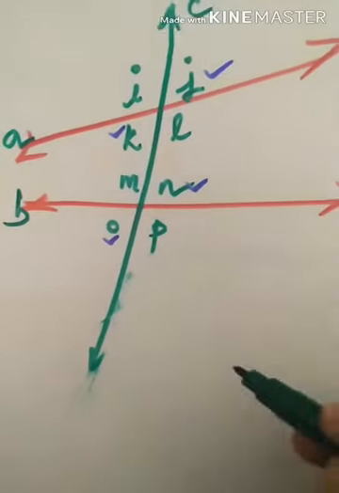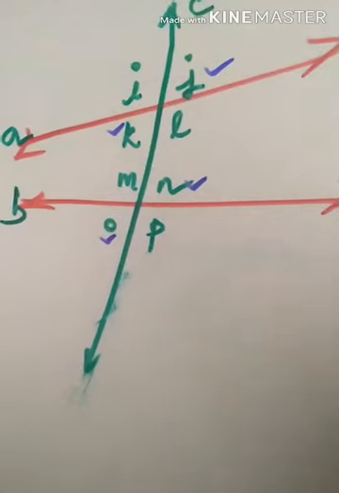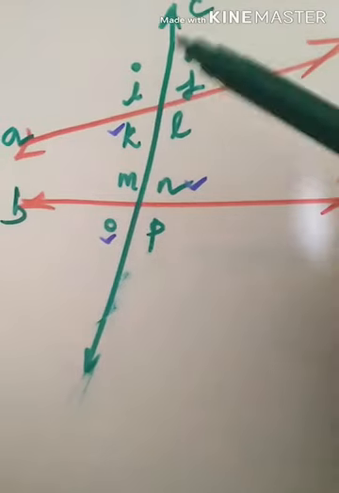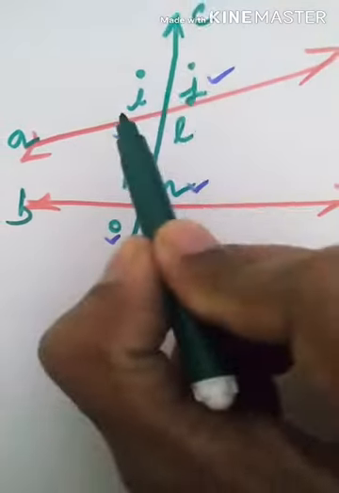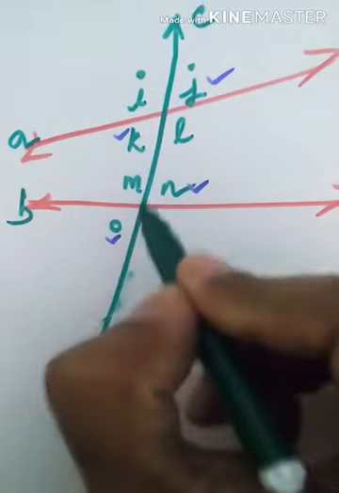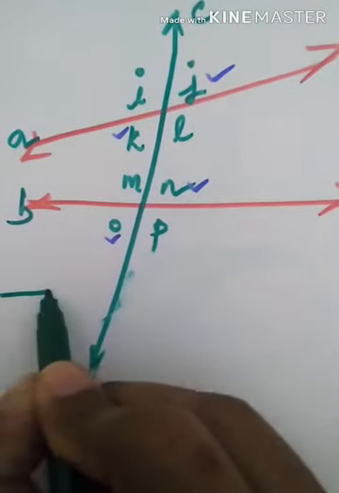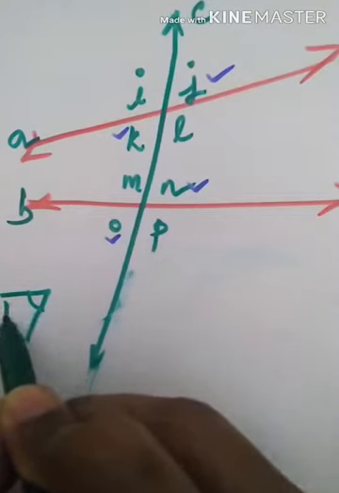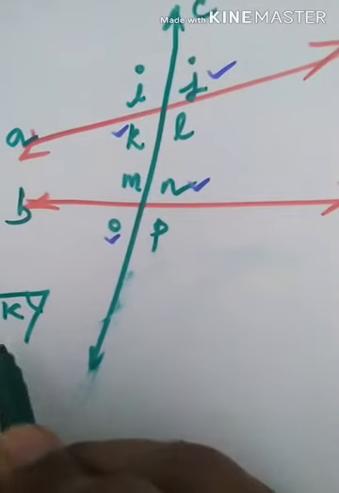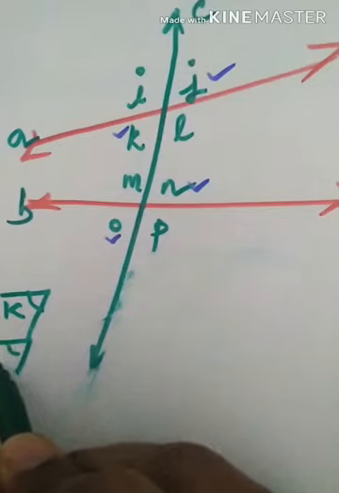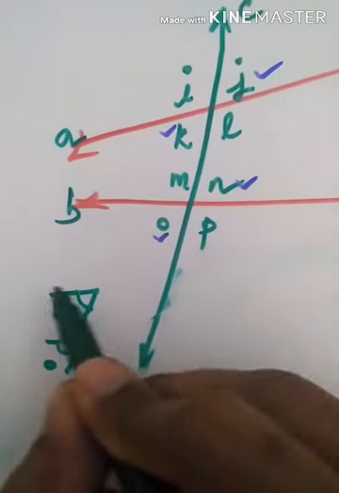Now next thing, if any one pair of corresponding angles are congruent, for example, let us take the corresponding angles K and O. Angle K is this way, and angle O will start from here. They make an F shape, right?